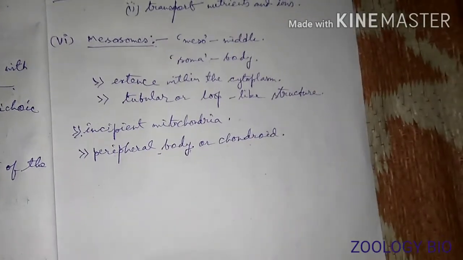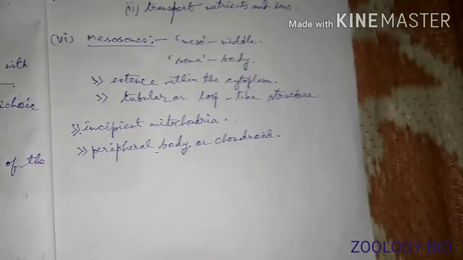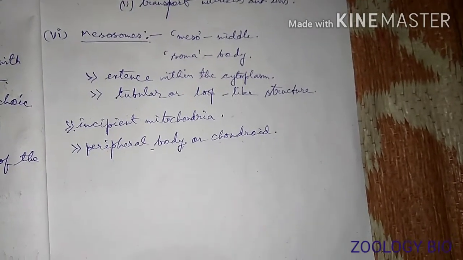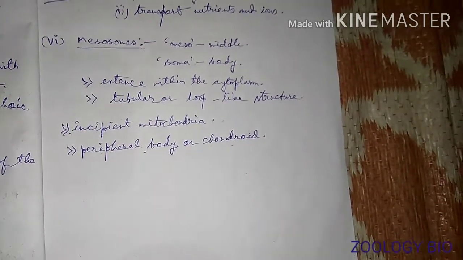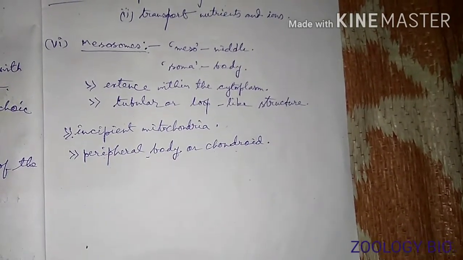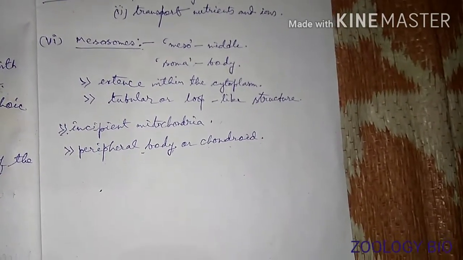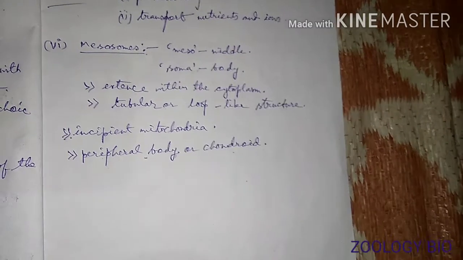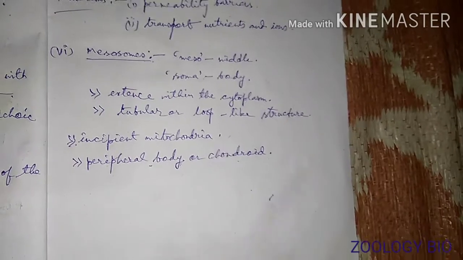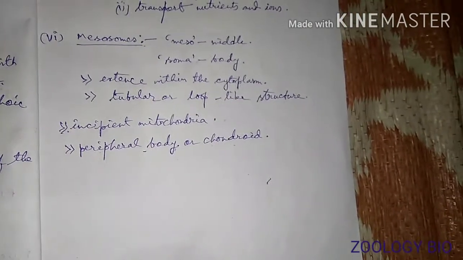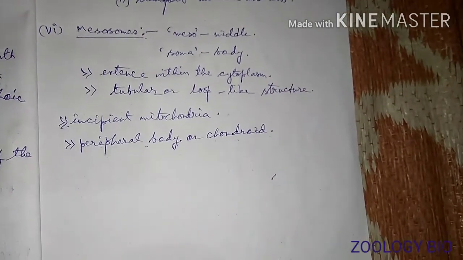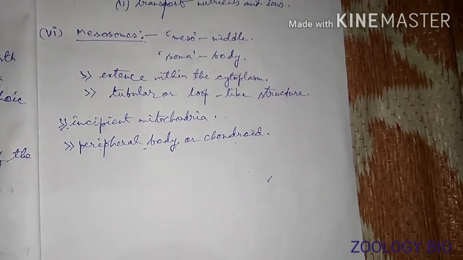So the plasma membrane of gram-positive bacteria forms vesicular, lamellar, tubular invaginations into the cytoplasm, or forms stalks or vesicles attached to the inner membrane surface. These are called mesosomes or peripheral bodies or chondroid. It contains light harvesting pigments and ATPase. They also help in DNA replication and segregation.